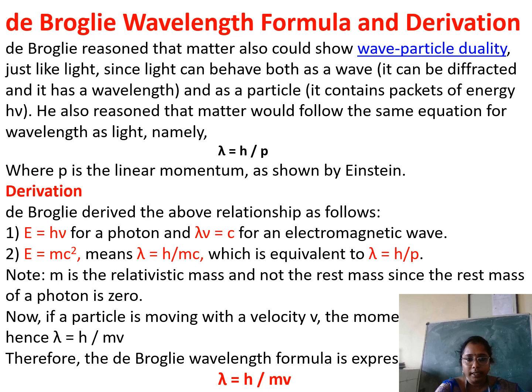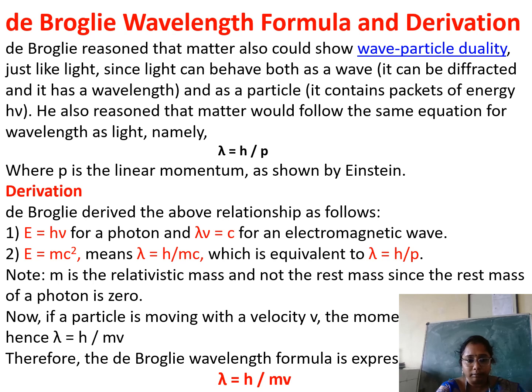He reasoned that matter would follow the same equation for wavelength as light. Lambda, de Broglie's wavelength, is equal to h by p, where h is Planck's constant and p is momentum. Momentum p is the product of mass and velocity.